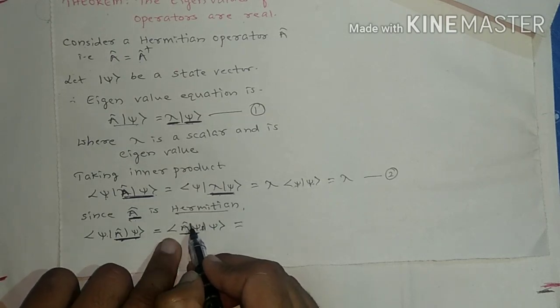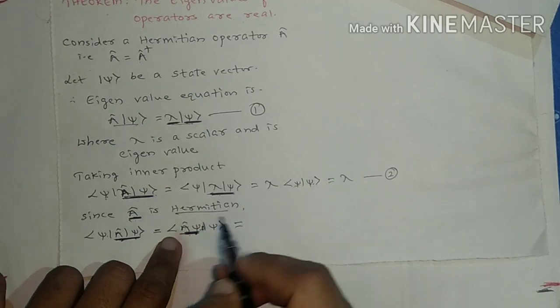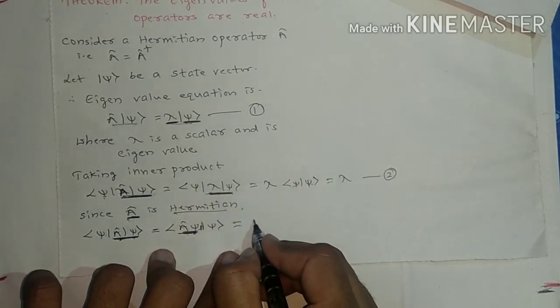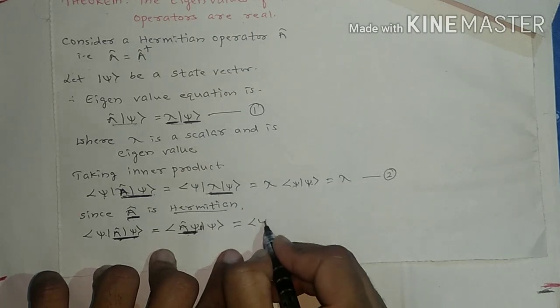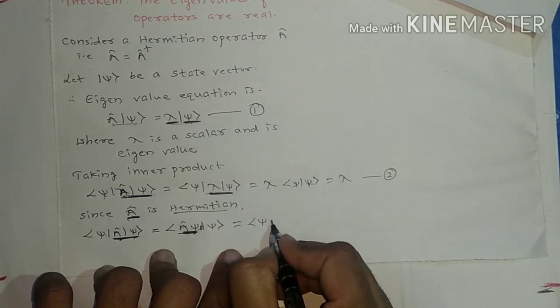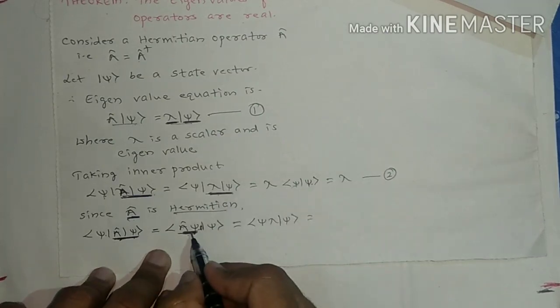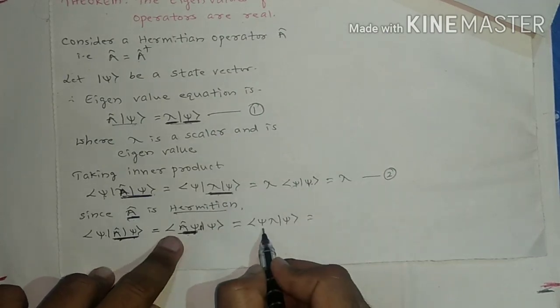So A is operating on this one. Then we don't get lambda psi. Instead, we get bra psi, then lambda, then psi as it is.